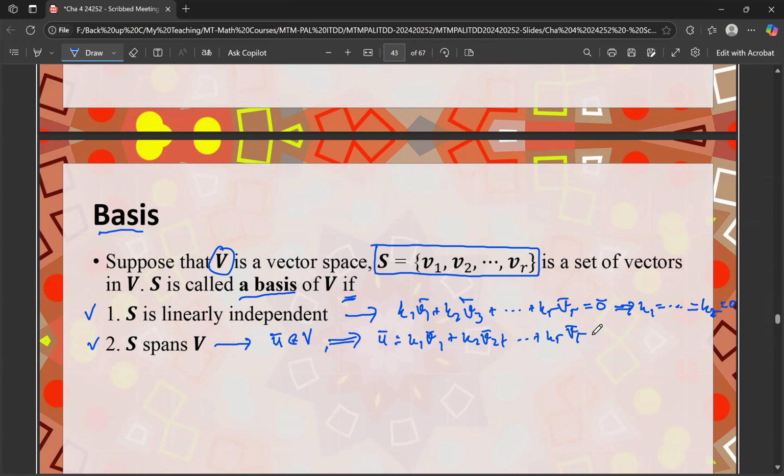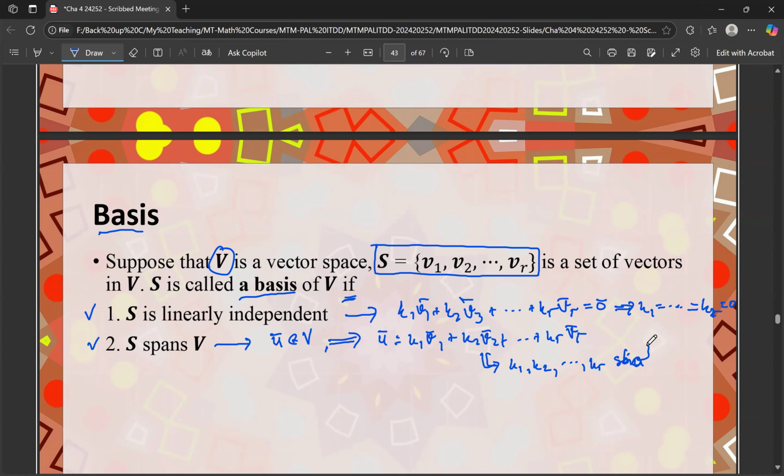So we must find that K1, K2, up to KR should exist.